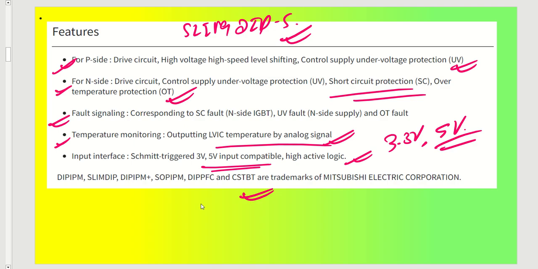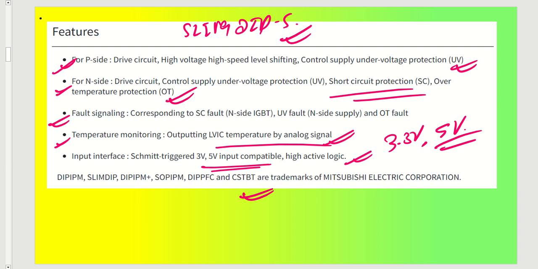We have already seen this particular SlimDip package and its different features. It has a lot of protection, like under voltage protection, short circuit protection, over voltage protection, over temperature protection. We also have fault signaling, which will give you a fault signal output.